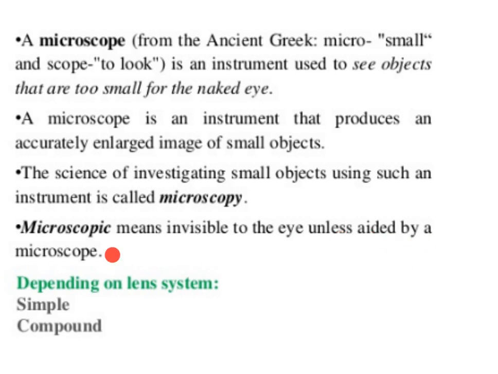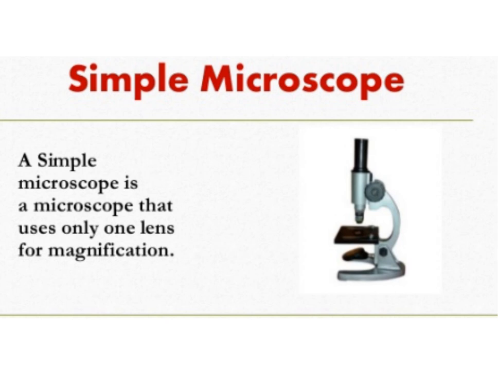Depending on the lens system, we have the simple microscope and the compound microscope. In this lecture, we study the simple microscope. A simple microscope is a microscope that uses only one lens for magnification.